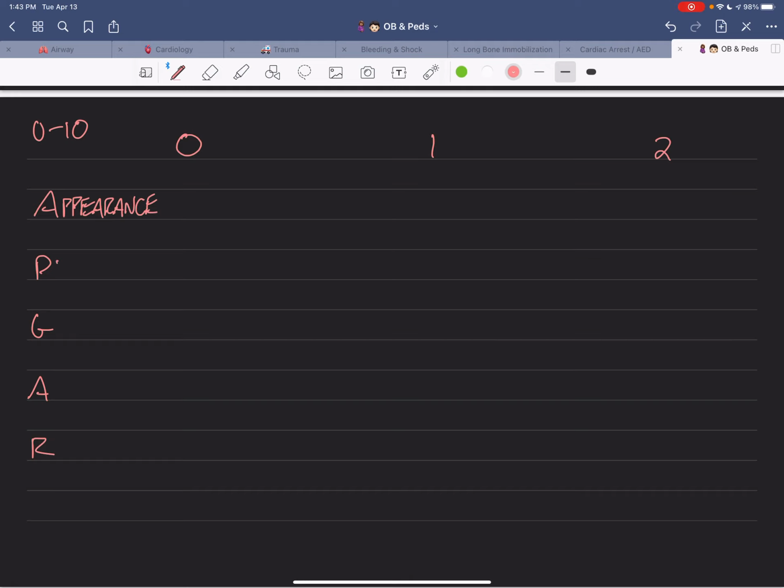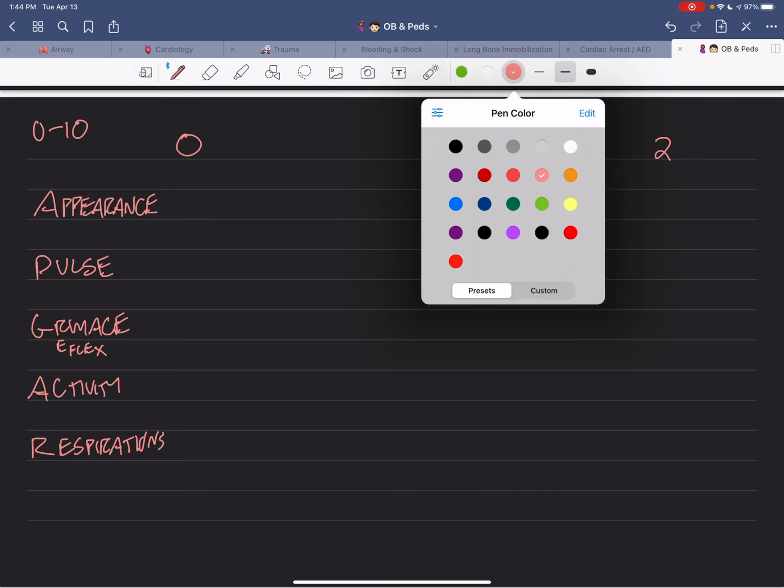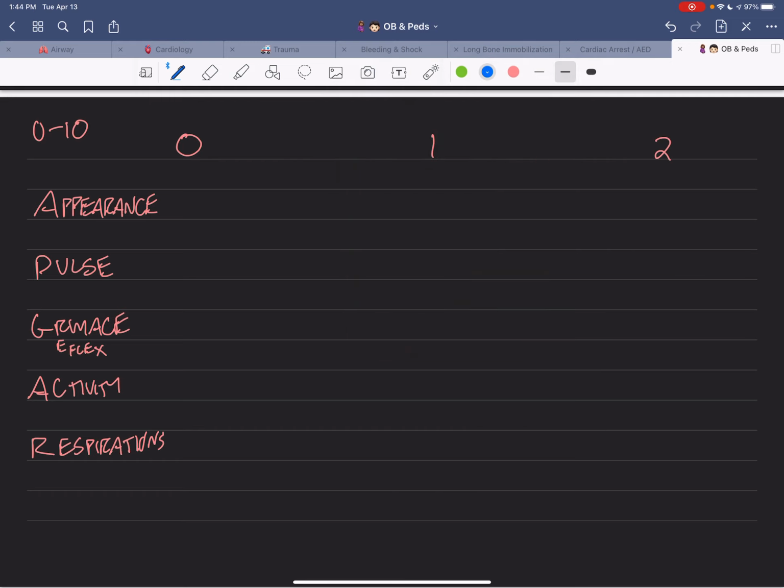P is going to be pulse. G is grimace, but think about this, it's also reflex. The other A is, I think, activity. And then R is going to be respirations.